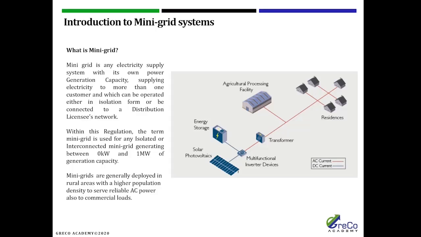And it could either be people who use DC appliances or AC appliances. However, AC appliances seem to be the norm of the day. And in that case, an inverter system must definitely be part of the system components.